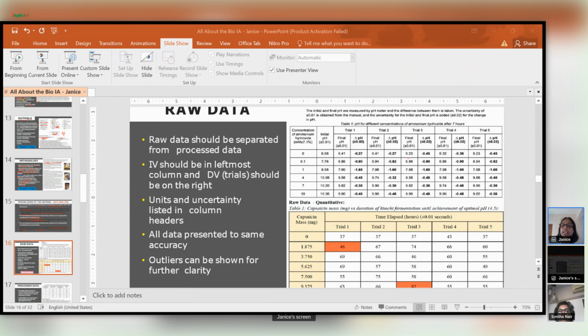Got it? If it was 9, Smita, what should I write? 9.00. Very good, Smita. Understood? So this is what I was telling, to present to the same accuracy. You have to do this. Clear? Okay. Now we go to the next slide.